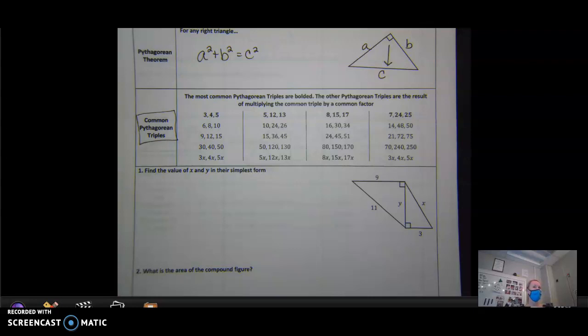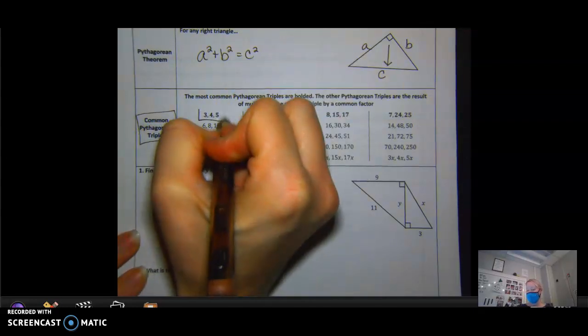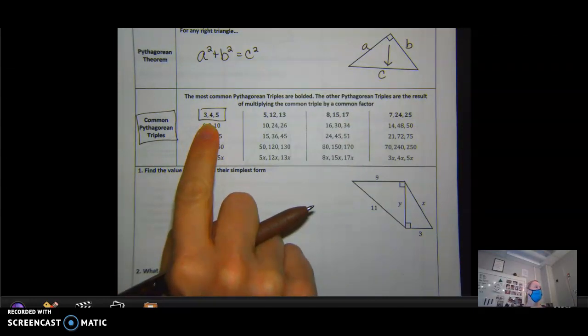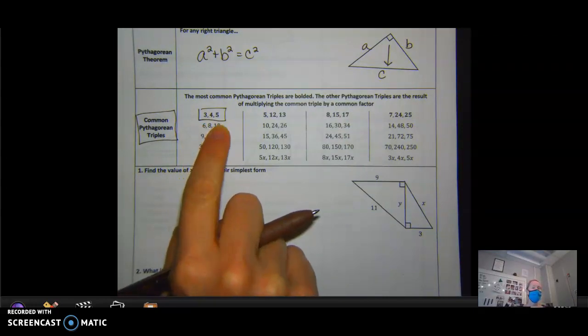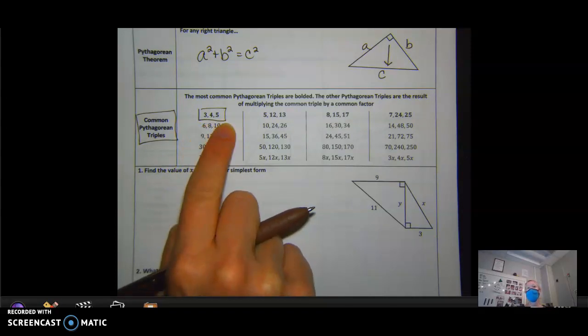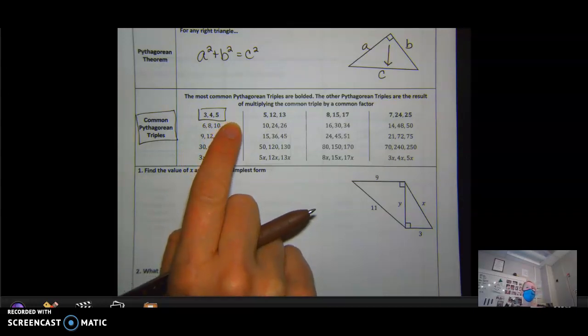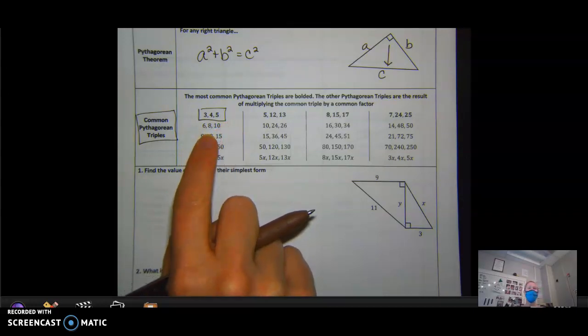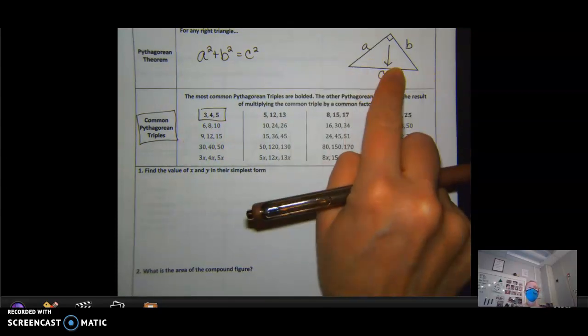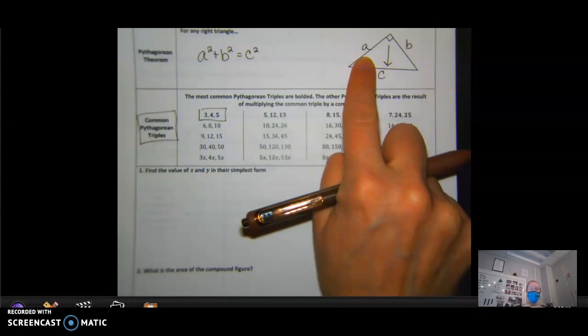Does that make sense? 3, 4, 5 is a triple. What that means is that 3 and 4 are my A and B sides, and 5 is my C side, my hypotenuse. What is 3 squared? What's 4 squared? And what's 5 squared? So does 9 plus 16 equal 25? So a 3, 4, 5 triangle is a right triangle with lengths that work, okay?